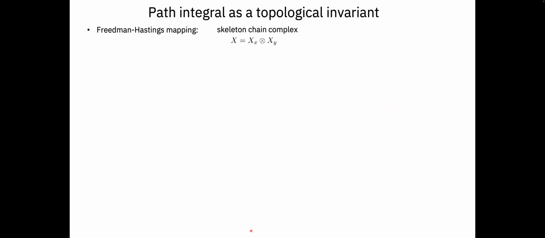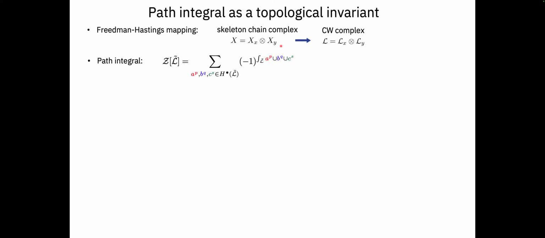Next, we will consider the product complex, where we use the Freedman-Hastings mapping to directly map the skeleton chain complex with the product of two classical codes to a CW complex, which is itself a product of two CW complexes produced from the classical codes. And now we can have a well-defined path integral on this CW complex structure.